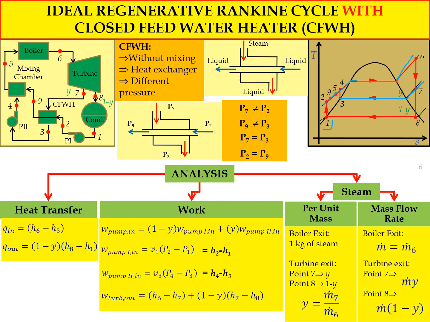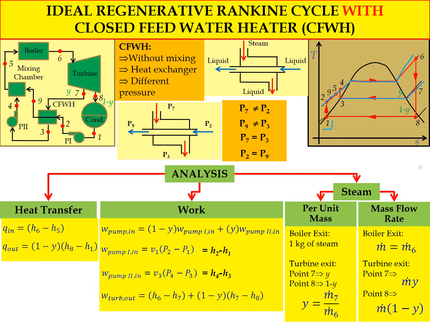For the mass flow analysis, at the boiler exit the overall mass is equal to the mass flow rate at state 6. And at the turbine exit at state 7, the mass is m dot times Y, and at state 8 it is m dot times (1 minus Y).